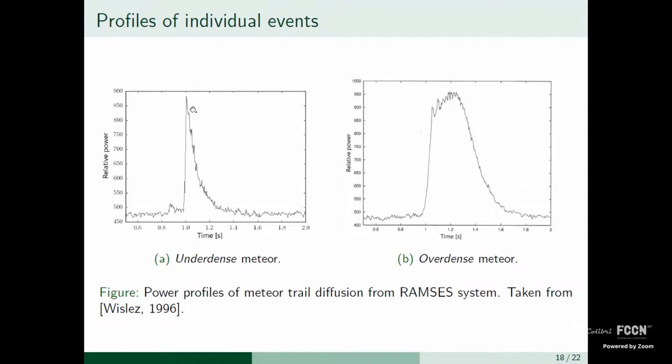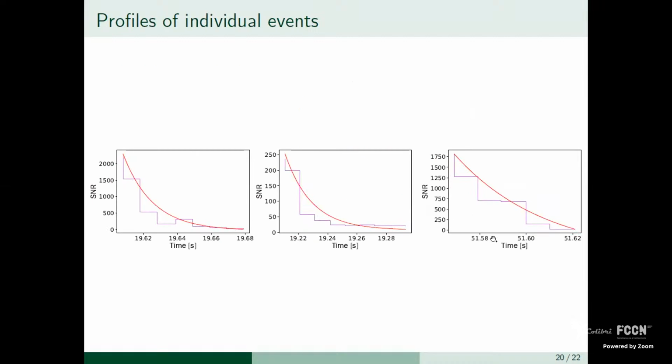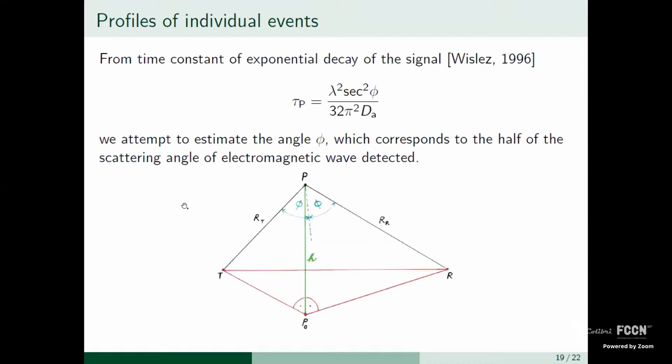But if I fit, or put an exponential function on my signals, which looks like that, I could get this value, which is the coefficient of the exponential decay. And from this value, I can obtain the angle, which corresponds to half of the scattering angle. And then I could potentially, very approximately and very roughly, locate where the reflecting point was. So where the meteor was when I was detecting it on my laptop.